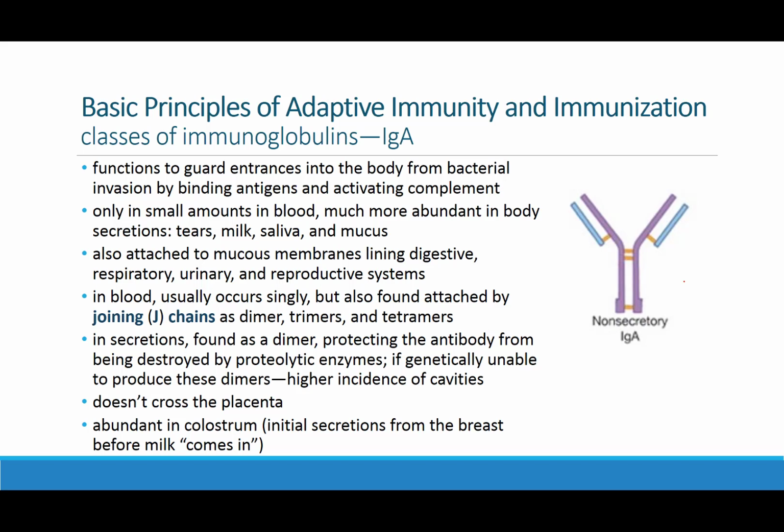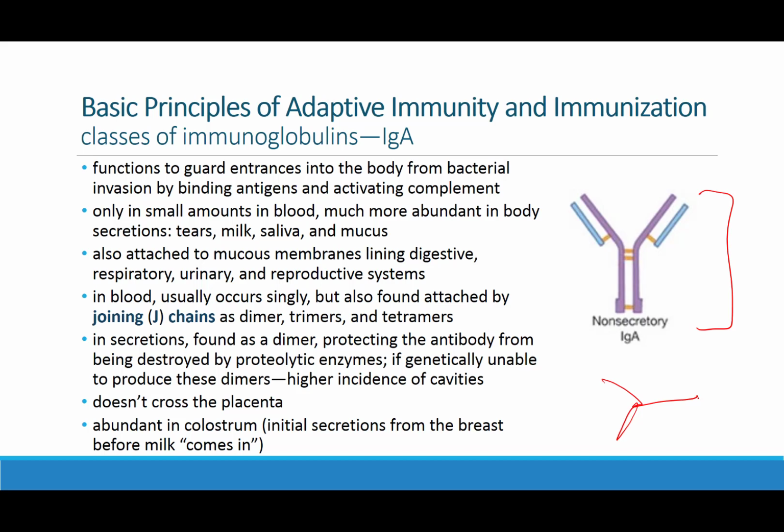In blood, it can be found as one individual antibody, but it can also be found when the antibodies bind together as dimers. That means 2 of them. Trimers, sometimes they're bound together as a threesome, or as tetramers when they bind together in groups of 4. In our body secretions, it's found as a dimer, and in that dimer form, so when it's found as 2 of them bound together, it protects it from being destroyed by proteolytic enzymes that would normally break down proteins.